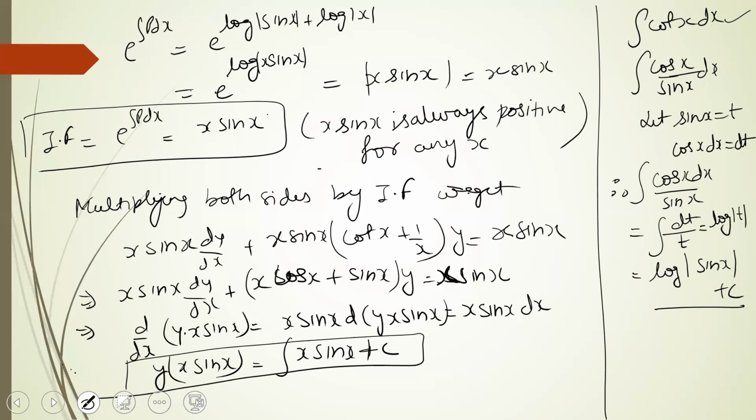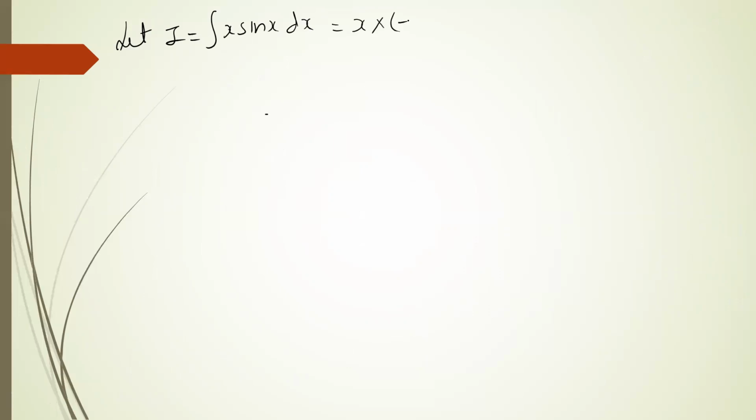We have to use by parts, right? So let's quickly solve it by using by parts. Let your I is equal to integral of x sin x dx, which is equal to x into sin x. फर्स्ट फंक्शन आप आइलेट रूल यहाँ पर यूज कर रहे हैं, ठीक है? तो यहाँ पर आपका algebraic becomes your first function and sin x becomes your second function.